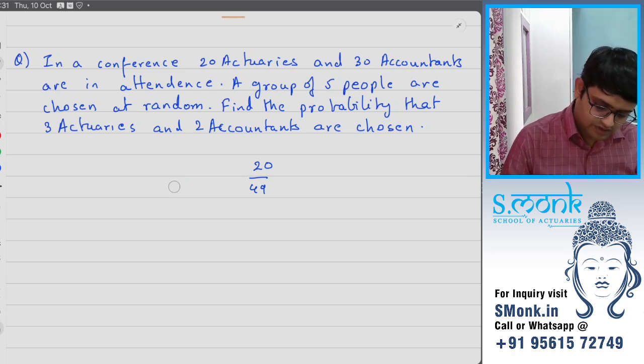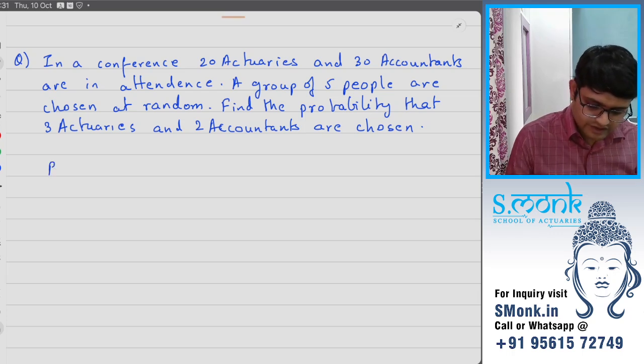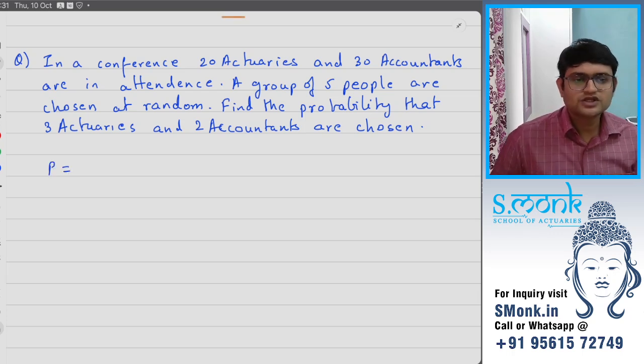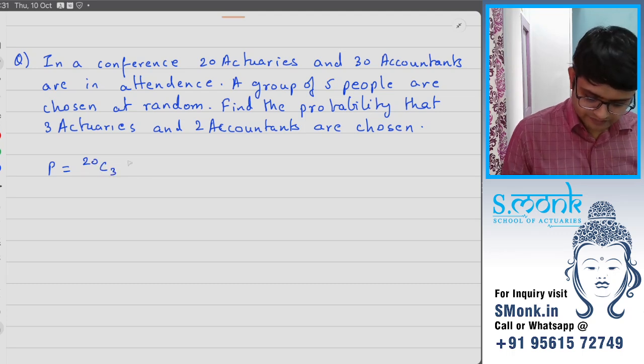Anyways, we will use combinations. It will be very easy. We will say the probability: we are choosing the combination of 3 actuaries and 2 accountants. So out of 20 actuaries, I am choosing any 3. Out of 30 accountants, I am choosing any 2.